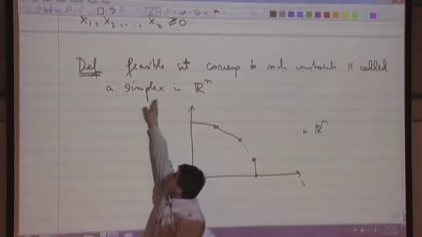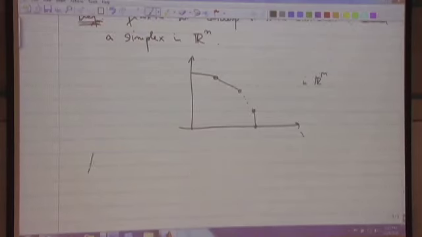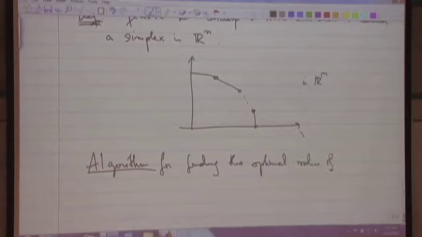So that is the generic name for such a region. It's called a simplex. And the algorithm for finding the optimal value of f is a vertex search.